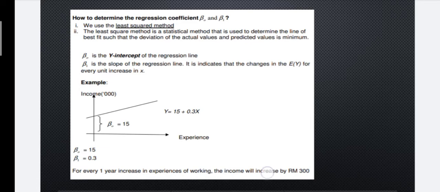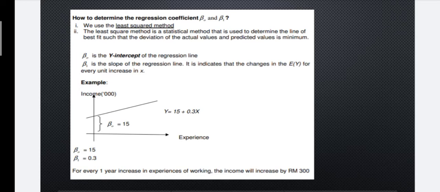Kat sini, will increase or decrease. Ada dua, sama ada decrease ataupun increase, depends pada the sign of beta 1. Kalau beta 1 negative, kat sini will be decrease. Okay, kalau contoh di sini, beta 1 is positive, sebab itulah ianya increase by RM300. Kena letak RM. Unit kena letak betul-betul if you want to get the full mark.